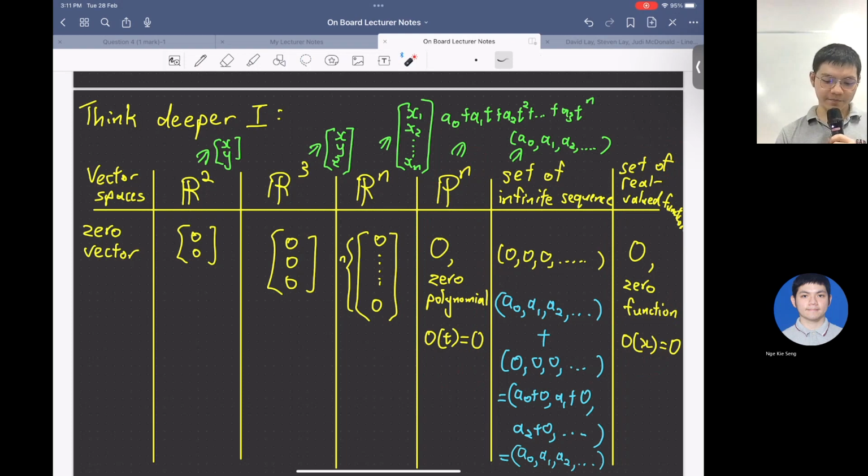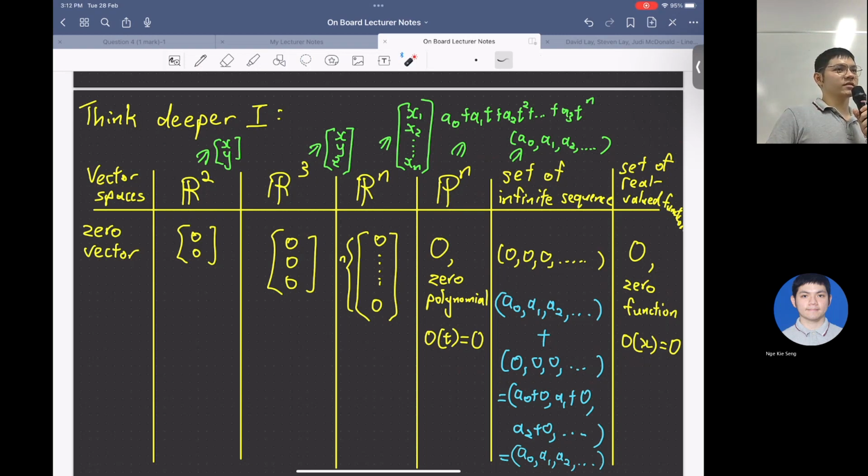If you have done the tutorial question, I think I wrote that Pn is a subspace of continuous real valued functions. And why is it infinite? If you learned calculus before, you should have learned Taylor series.